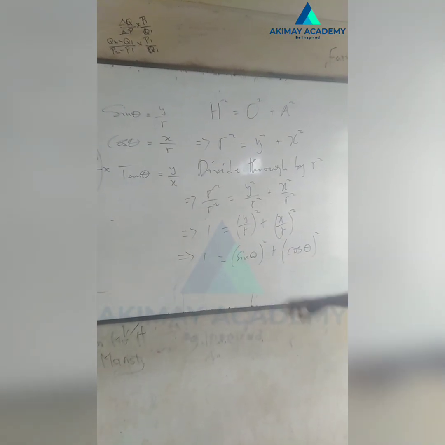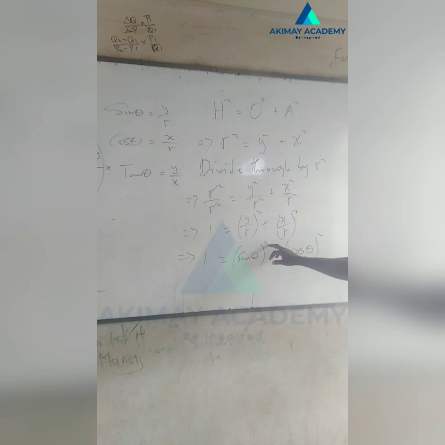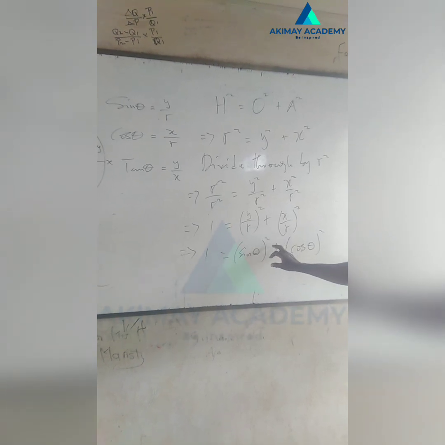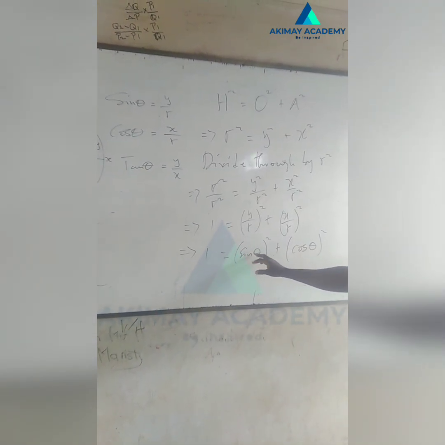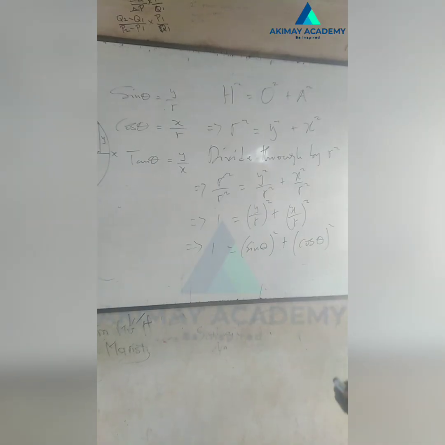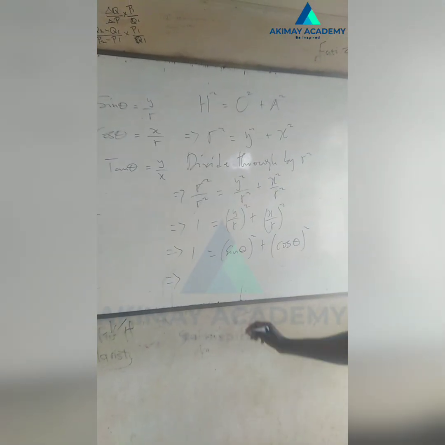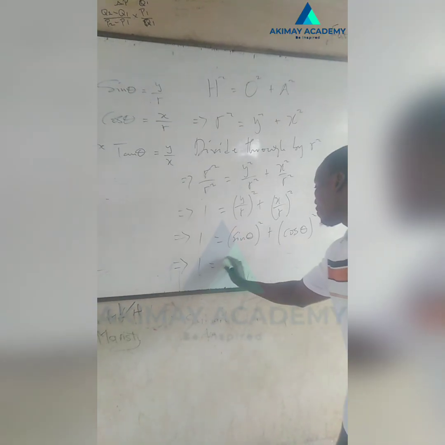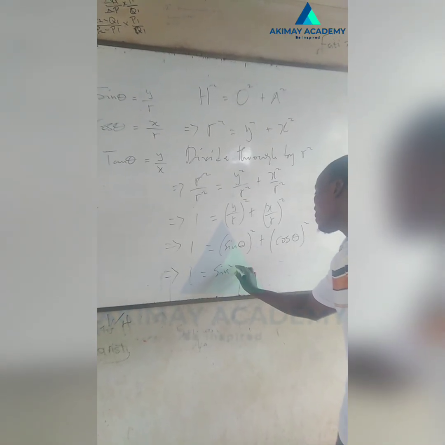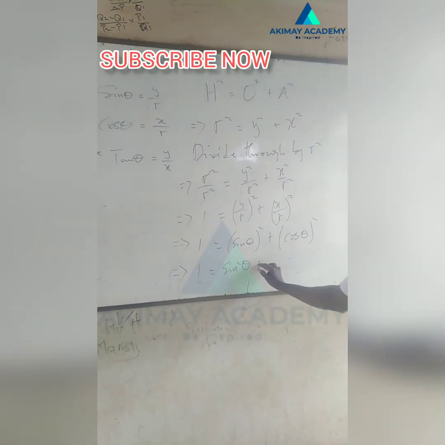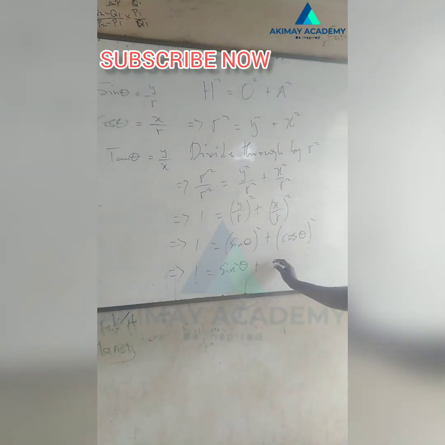Here we have a square sitting here, and this square in terms of trig is the sine ratio which takes the square, and this is going to give us sine squared theta. The same applies to this section.